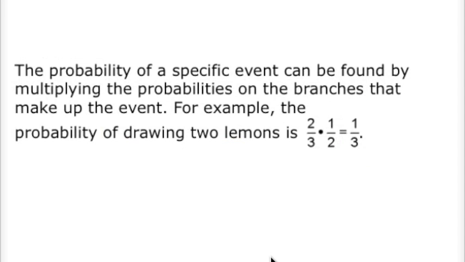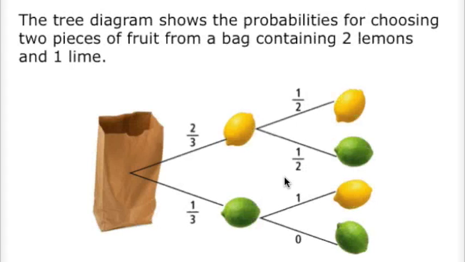The probability of a specific event can be found by multiplying the probabilities on the branches that make up that event. For example, the probability of drawing 2 lemons is 2/3 times 1/2, which is 1/3. Looking at the diagram, that would be this branch here.